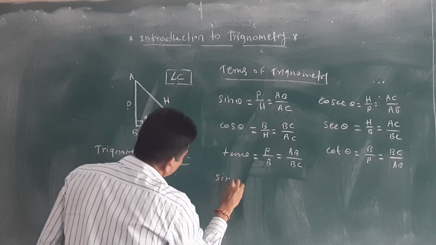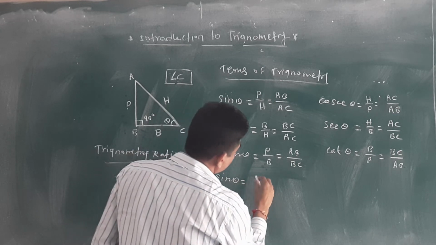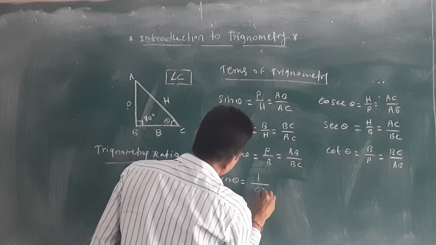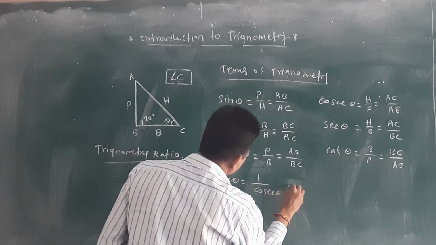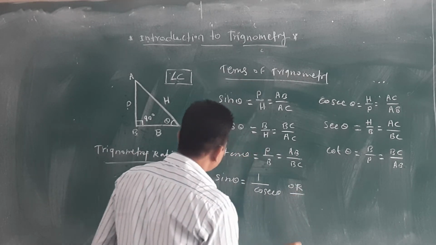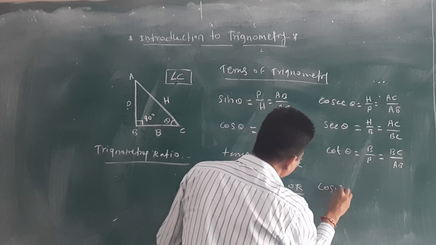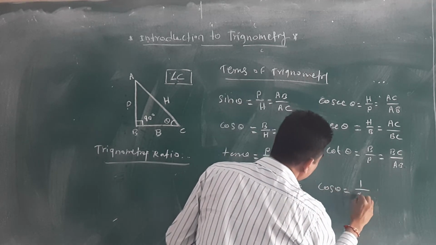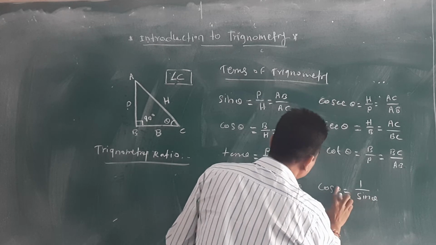Also remember that sin theta is equal to 1 divided by cosec theta, or you can write cosec theta is equal to 1 divided by sin theta.